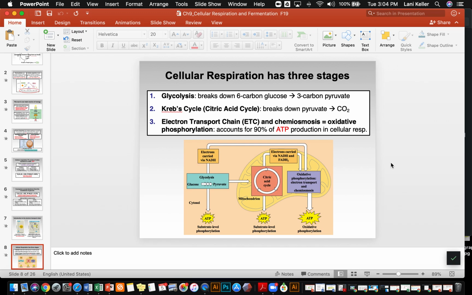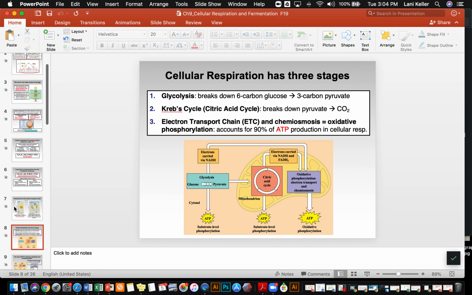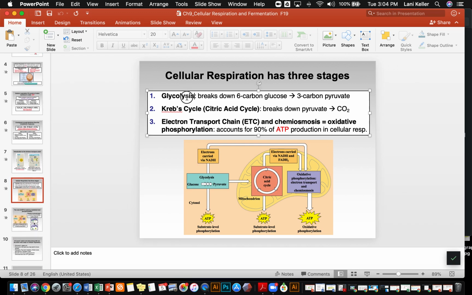We have three main phases. The first phase is glycolysis, where we are going to break down glucose into pyruvate, right? This happens in two phases. Glycolysis has an energy investment phase, where you're inputting some ATP, and an energy payoff phase, where you are gaining some energy out, right?